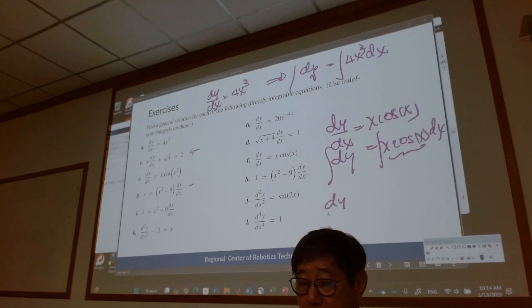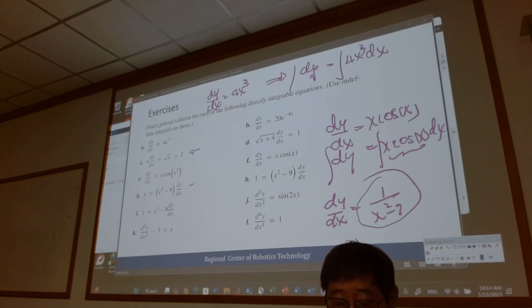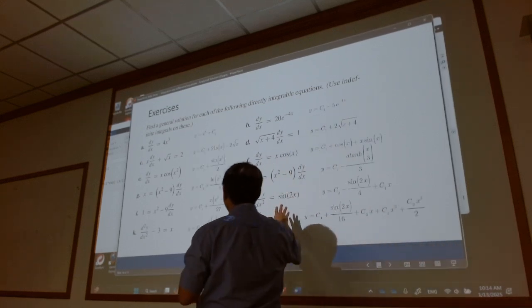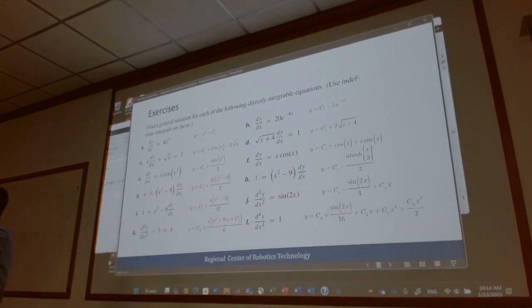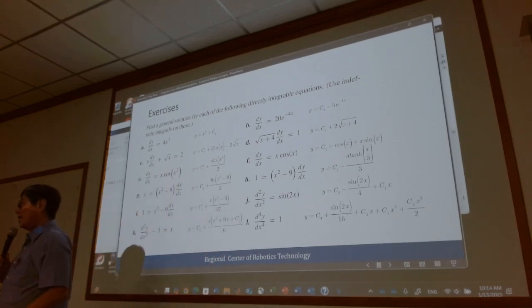This one, dy by dx equal to 1 over x squared over 9, is it possible to integrate this one or not? You can check, I can give you the solution. You use your previous knowledge from calculus 1, 2, right? I also forget it, but I know how we can solve this one. The technique, if you don't really remember some form, whatever.